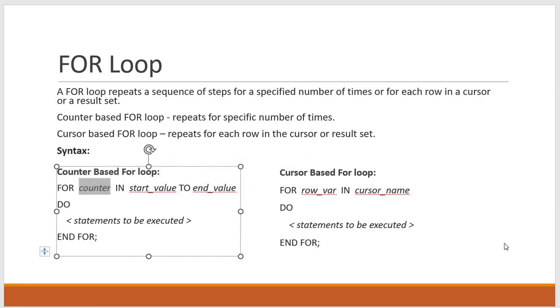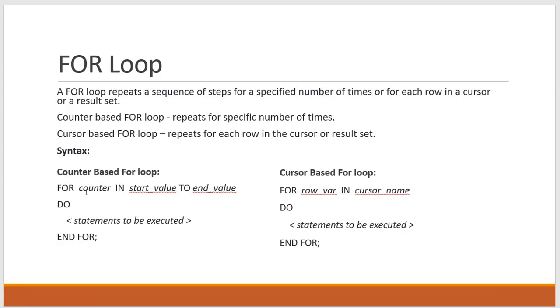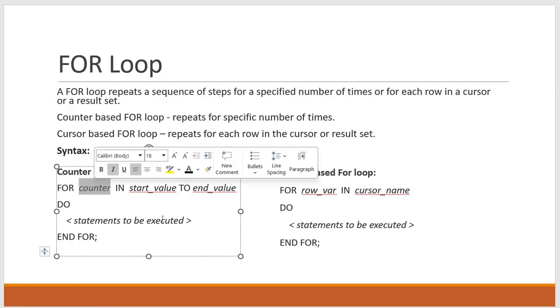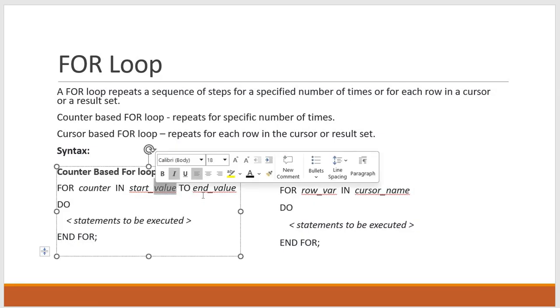If you have some idea of C language or any other programming language, you say for I equals 1 to 10, like that. That I is the counter, which increments or repeats based on this value. The syntax is: for counter in start value to end value.